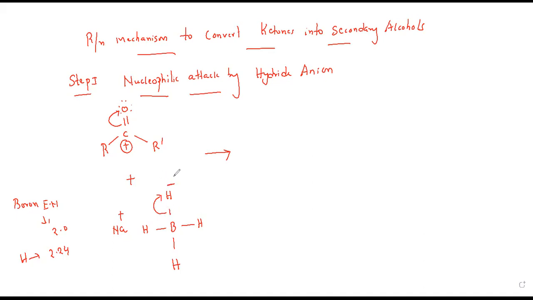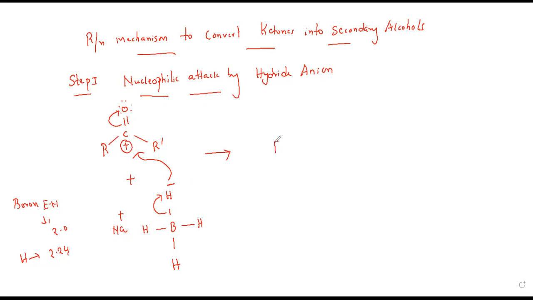This negatively charged hydrogen is usually called a hydride anion. This hydride anion will be transferred to the carbon atom, which has a positive charge. Therefore, this carbon can form a bond with this hydride anion.